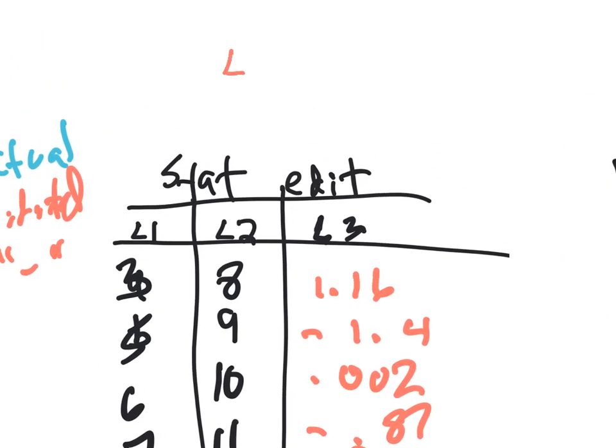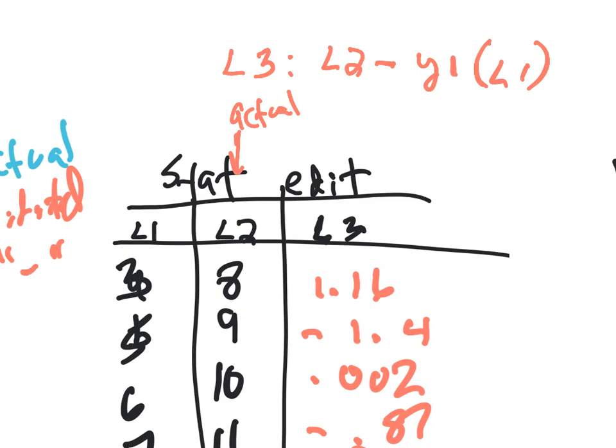Your L3 actually is the L2, that was my actual, minus my Y1, that's where I pasted the equation, Y1 evaluated at list 1. That's the formula that was used to create all of those residuals.